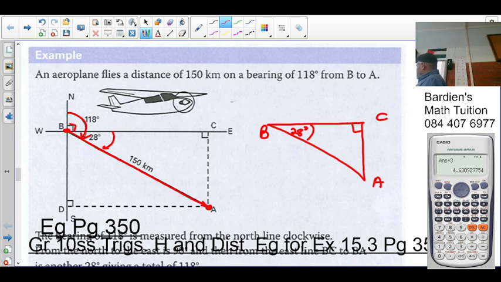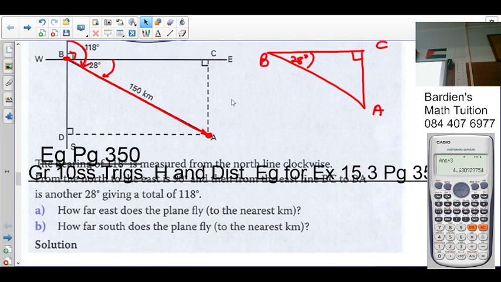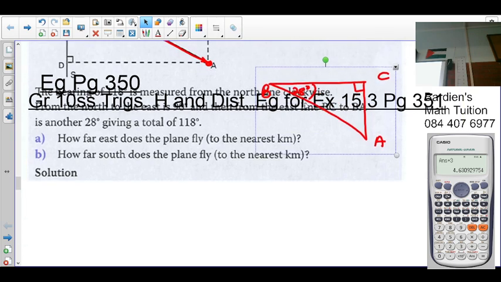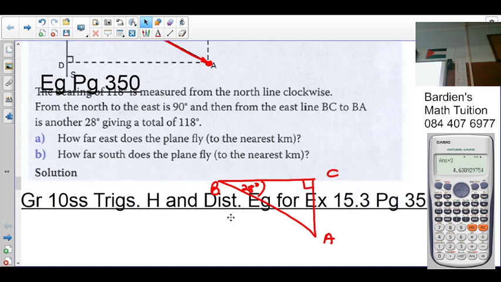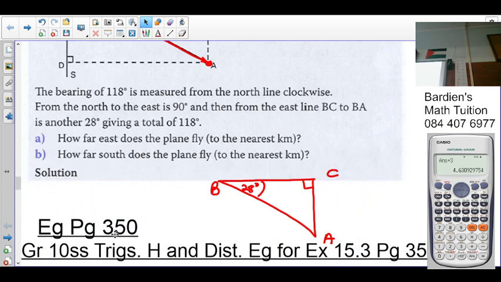Okay, so if they give you a story like that, what I do is translate it into a diagram of a basic triangle, and then from there it's just normal trigonometry. You guys understand? So we need the diagram.